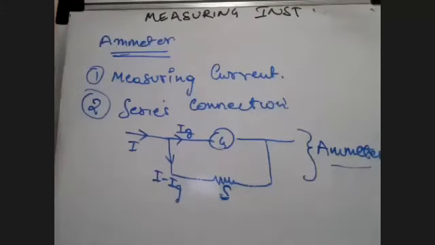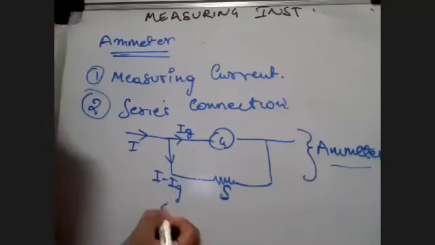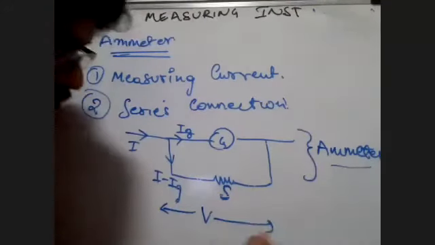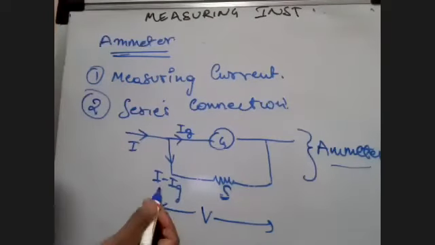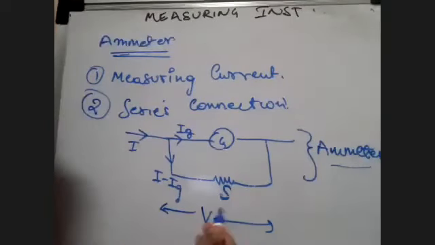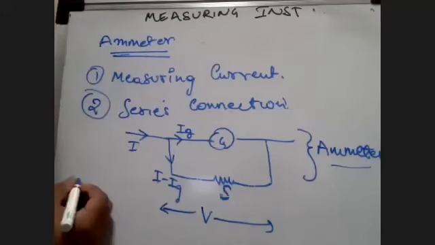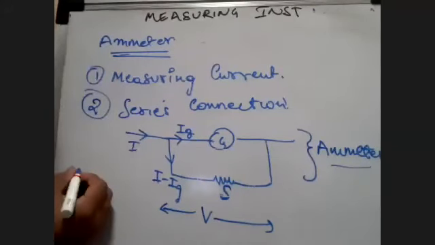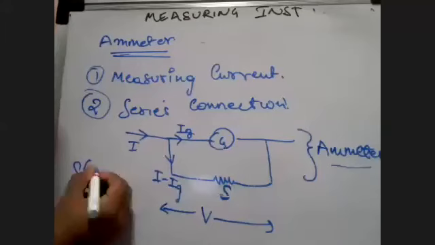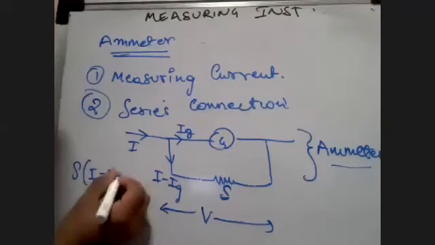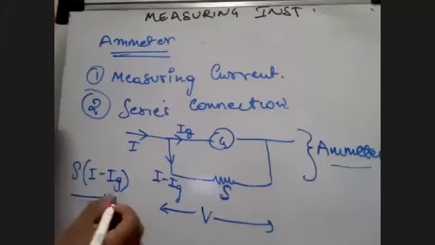S into I minus Ig. So the potential here, V is equal to IR, where I is I minus Ig and R is S. So the potential across the shunt resistor is S(I minus Ig). This is our first equation.